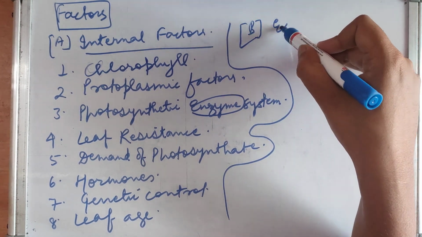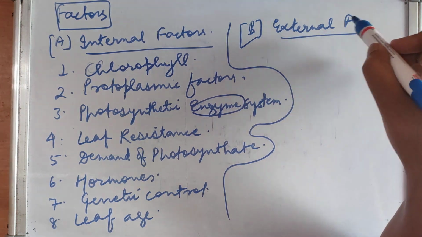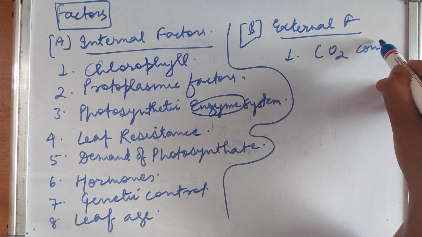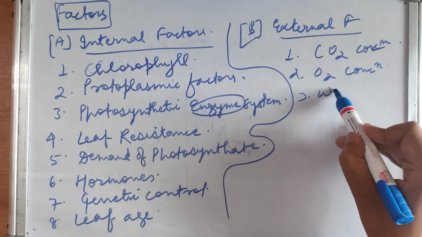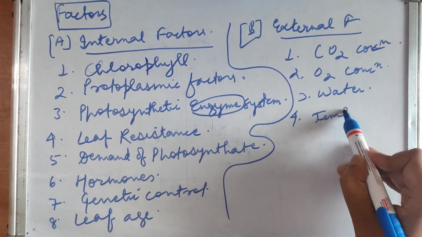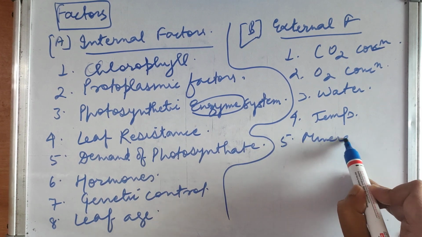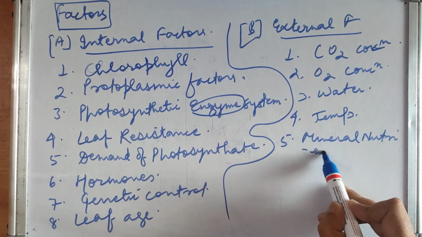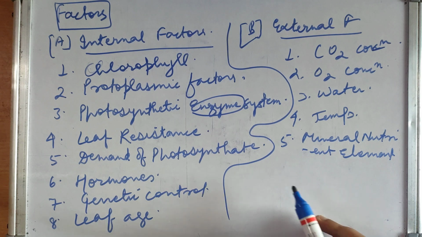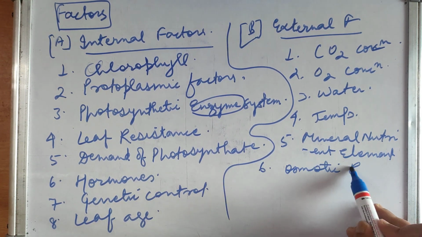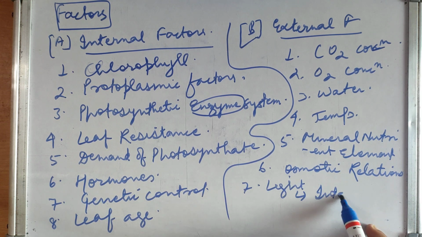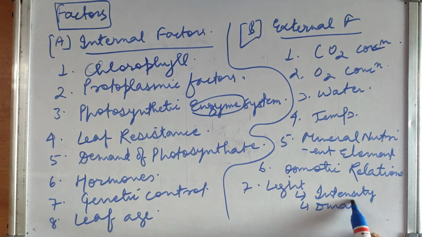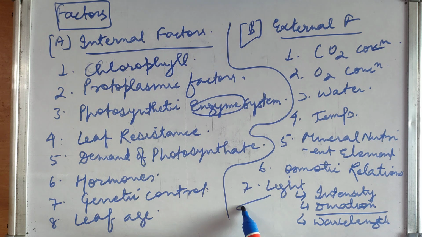Now there are many external factors also. External factors such as CO2 concentration, O2 concentration, water, temperature, mineral nutrient elements, osmotic relations, and light, such as light intensity, duration of light, wavelength of light, and photooxidation.